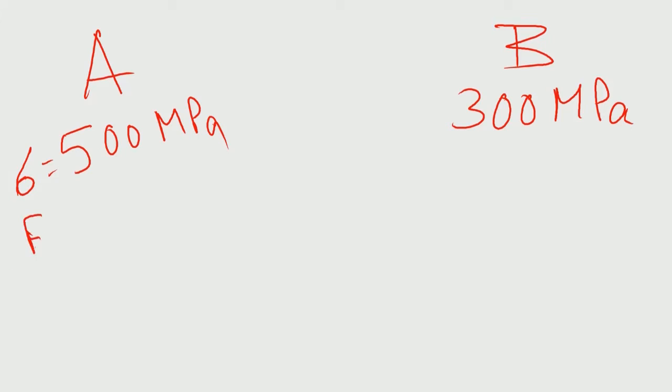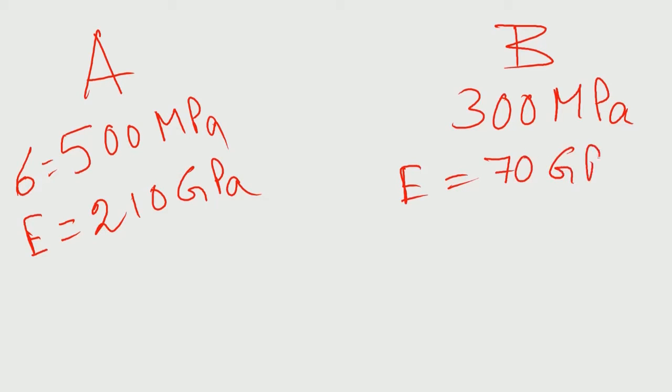Then there is the elastic stiffness, which we typically define by E. Let us say A has an elastic modulus of around 210 gigapascal, and B has an elastic modulus of 70 to 80 gigapascal, let us say 70 gigapascal, with sigma of 300 megapascal.